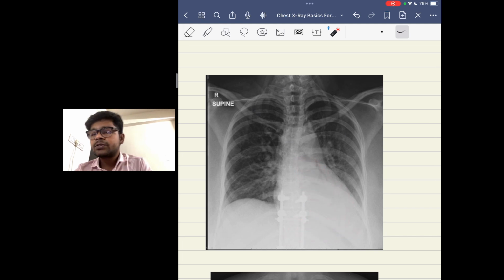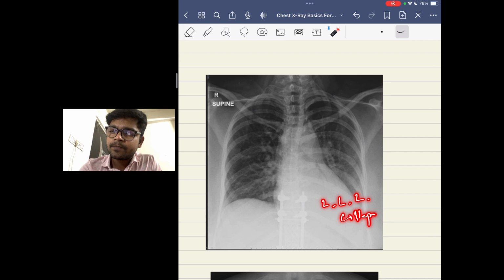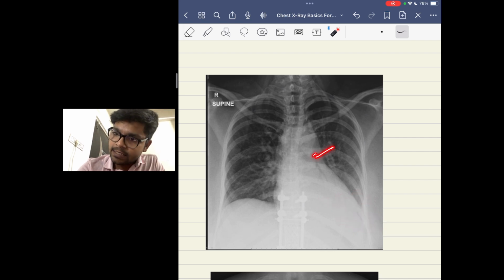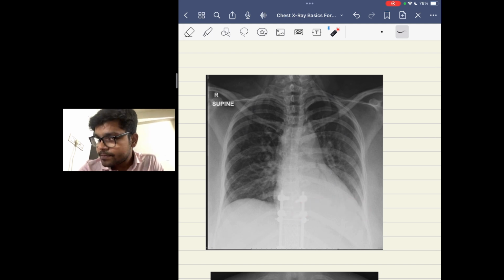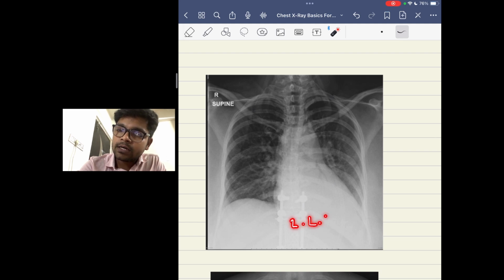So how do I know which lobe? This is the left lower lobe collapse. Probably there is a component of consolidation also, because the air bronchogram is seen clearly up to here. The diaphragm contour has been lost completely. So this is a left lower lobe collapse with consolidation.